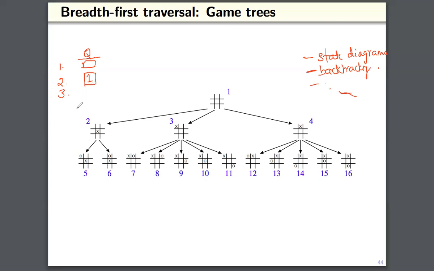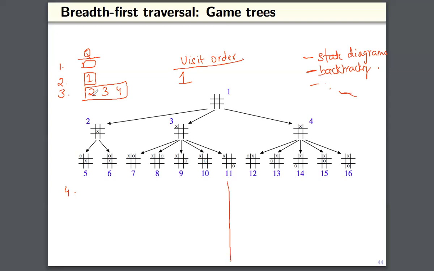You visit 1. Let me write the visits here, the visit order. You visit 1 and add all the child nodes of 1. So what do you have now in your queue? 2, 3, 4. Okay, now what do you do?